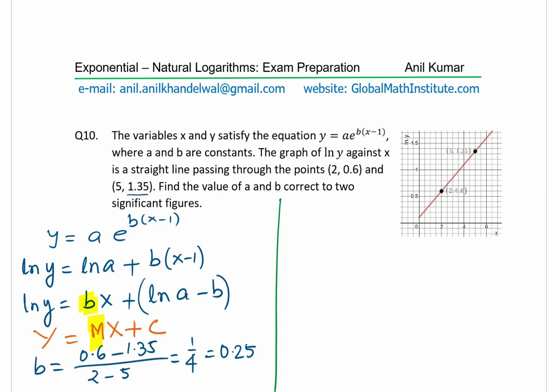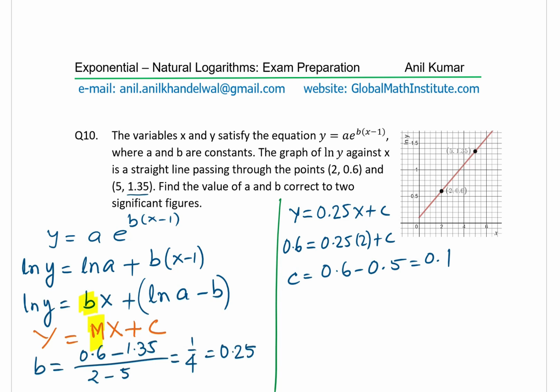Now we can find the equation and then find the y-intercept. So to find the equation, capital Y is equal to the slope, which is 0.25, positive this time, plus c. Using one of these points, just say 2 and 0.6, we get 0.6 equals 0.25 times 2 plus c. So the value of c is 0.6 minus 0.5, which is 0.1.